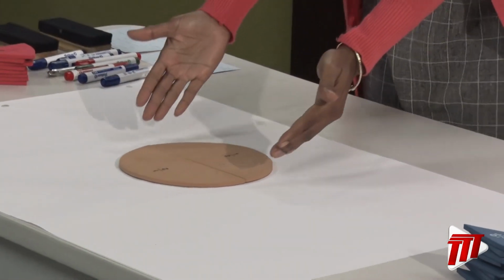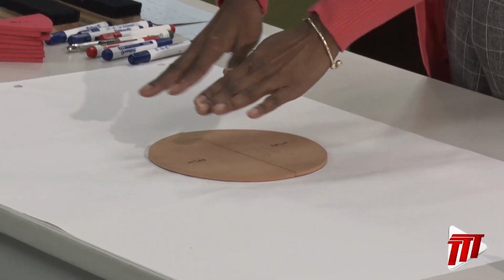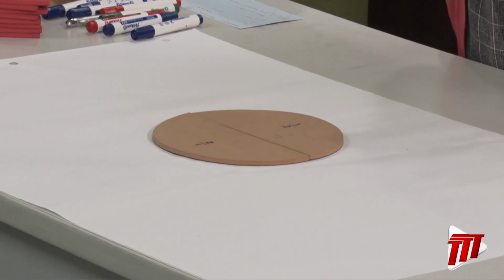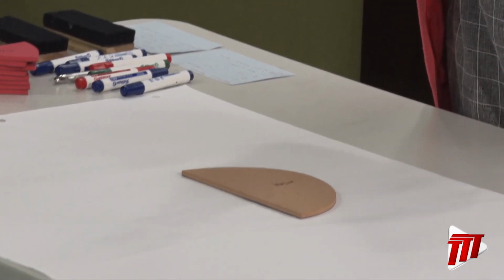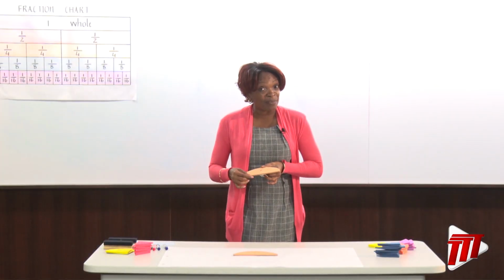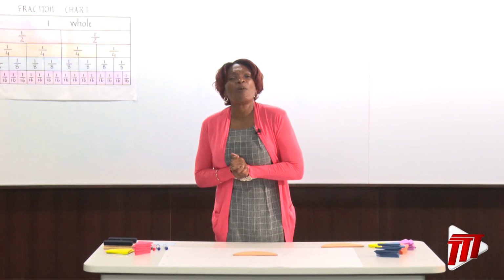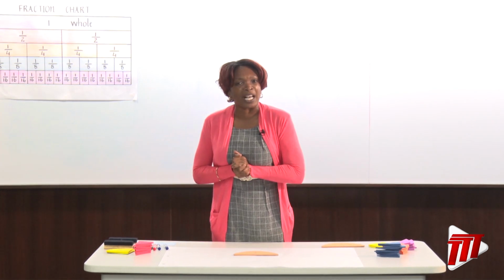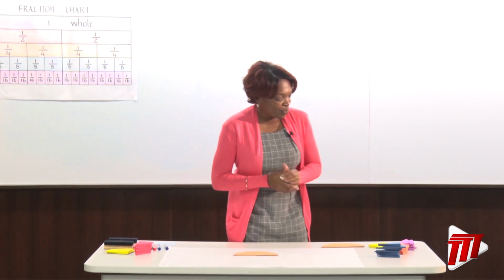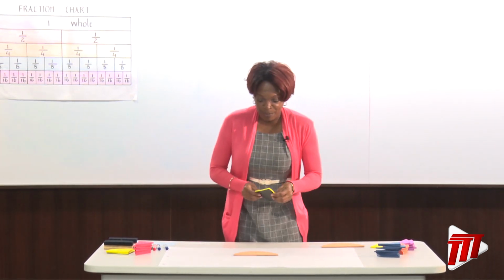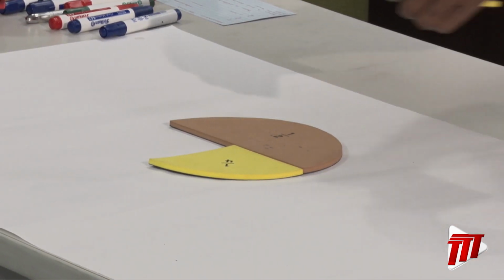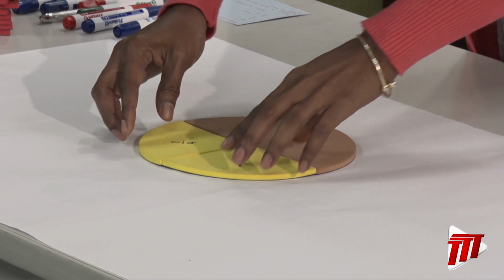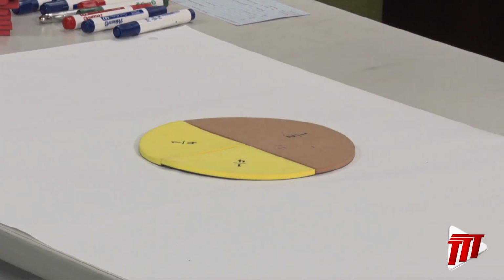I have here a beautiful model of a whole. If I were to remove this part, then I have 1/2. I wonder how many quarters will make up 1/2. Let's see. Two quarters.